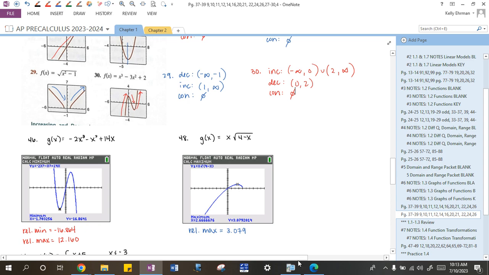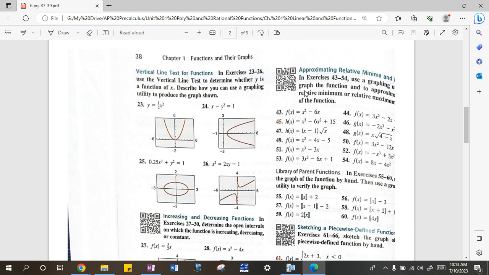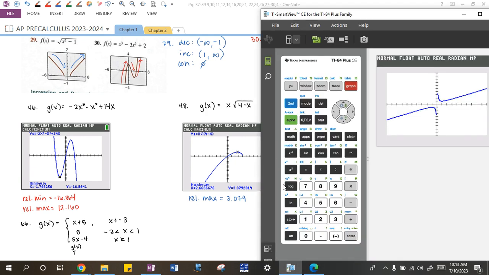The next couple of problems asked us to use a graphing utility to graph the function to approximate the relative minimum or relative maximum of the function. So I've just given you screenshots here. I will type them in and go through how to find this again. So here's g of x.